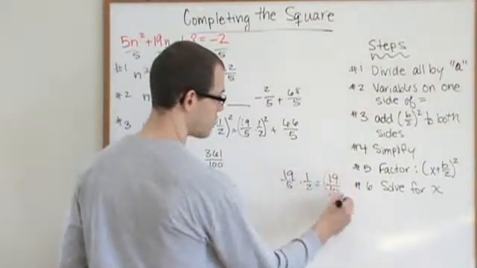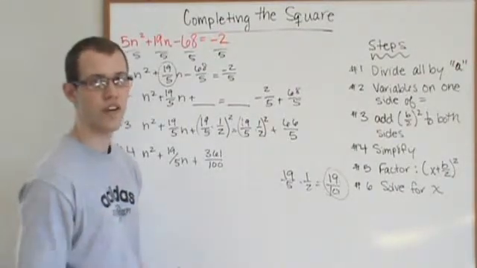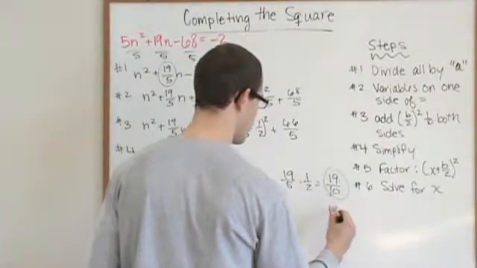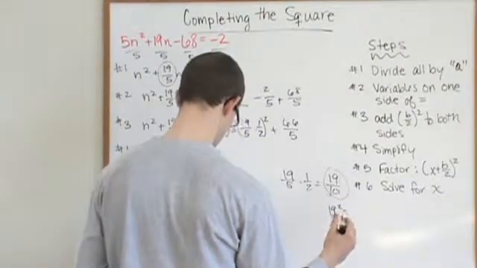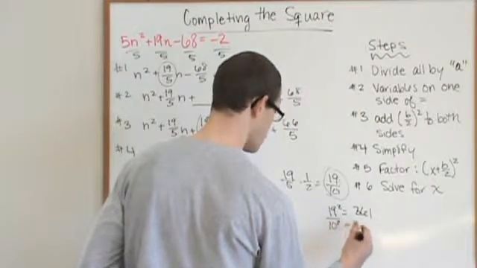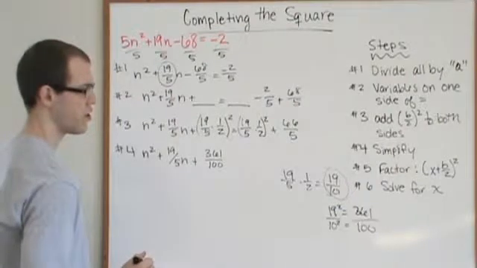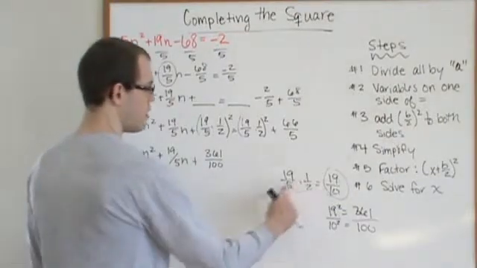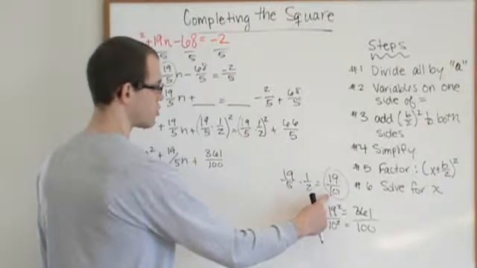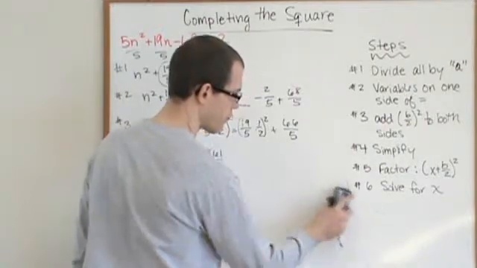I had to square this part right here, so that means square the numerator, square the denominator. So 19 squared is 361, and 10 squared equals 100. So that's where this 361 divided by 100 went. 19 over 5 times 1/2, squared it. Okay. I'm going to erase this part now so I have more room.